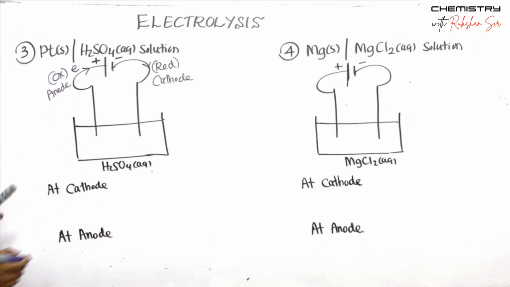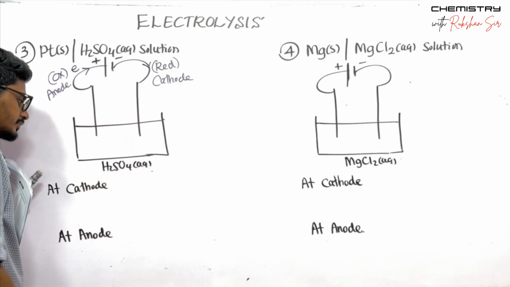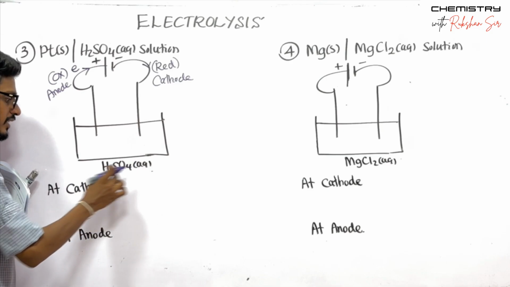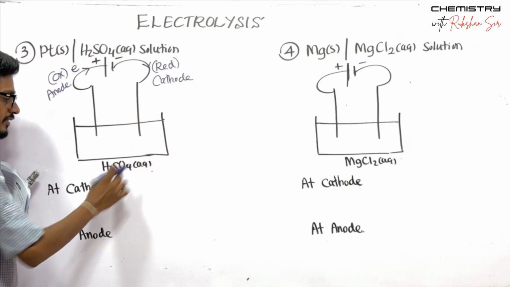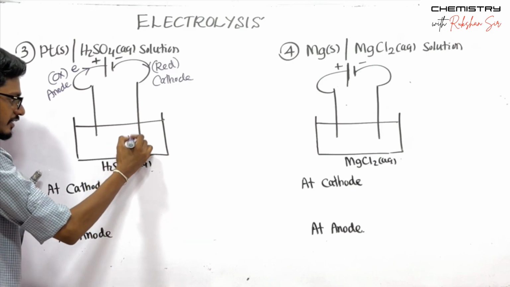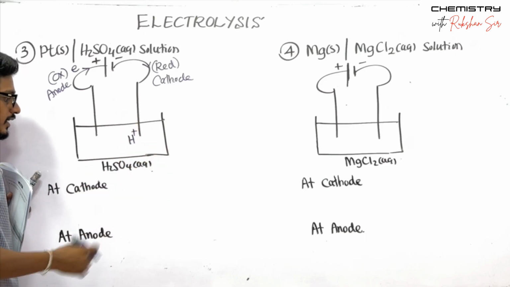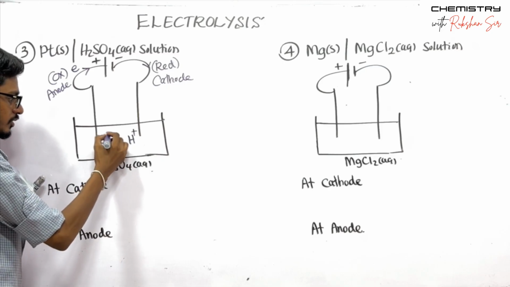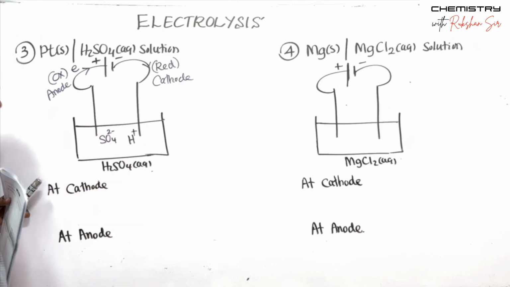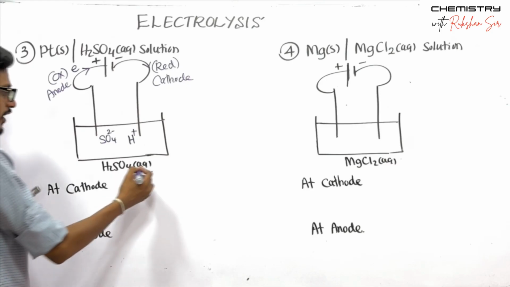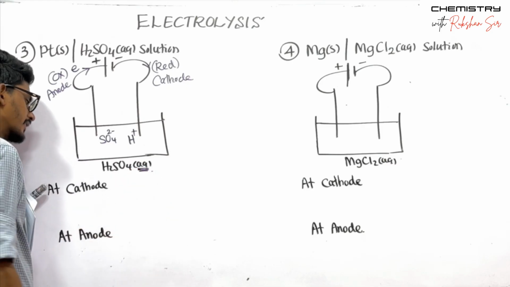Right? Towards the cathode, the cations are coming. So what are the cations? The two ions here are H plus and SO4 minus ions. The cations H plus ions are coming towards the cathode. The anions SO4 minus ions are coming towards the anode. Not only that, water is also there as a solution.